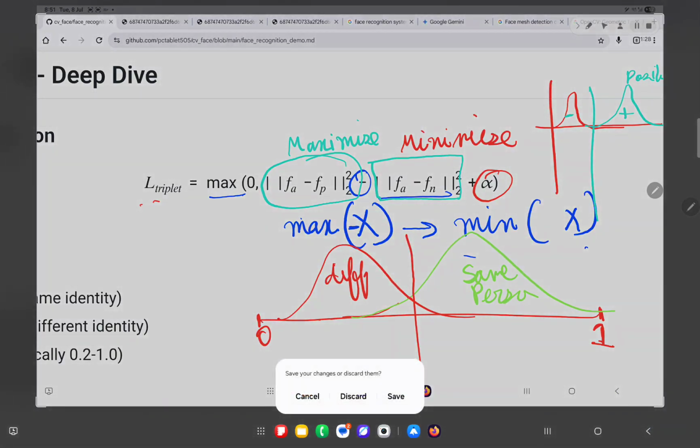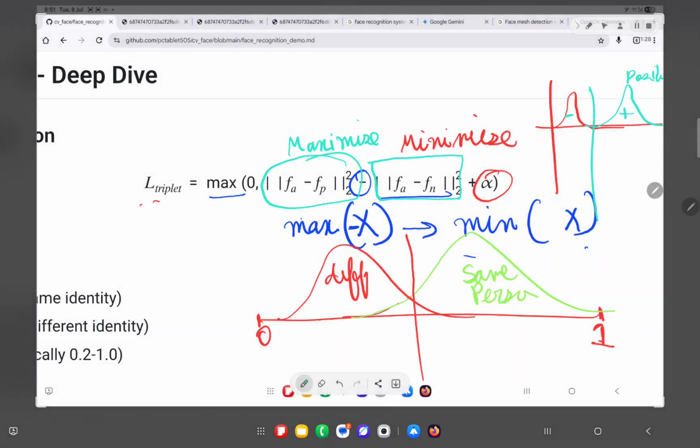So this is triplet loss. Hope you understood. If you have doubts regarding this, you can ask me in the comments. We can discuss it sometime later also.